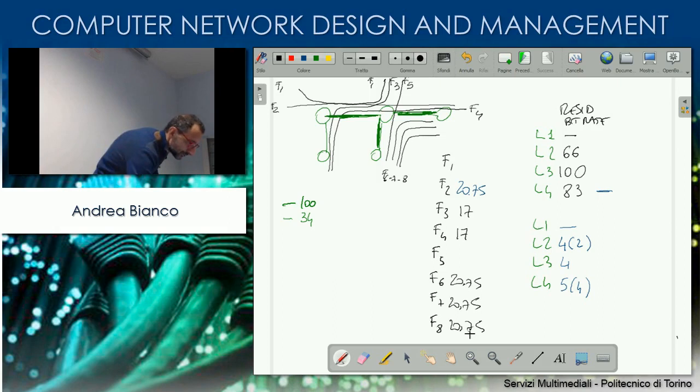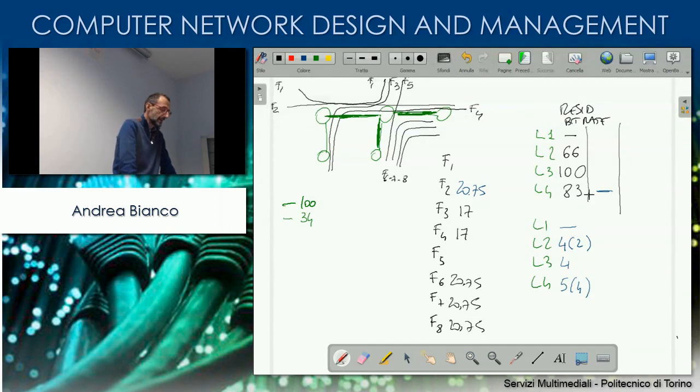Now, after this assignment, which is the residual bandwidth on link 2 and 3? We had 2 flows that could be increased, flow 1 and flow 2, correct? But now flow 2 is fixed, so which is the residual bandwidth of link 2?